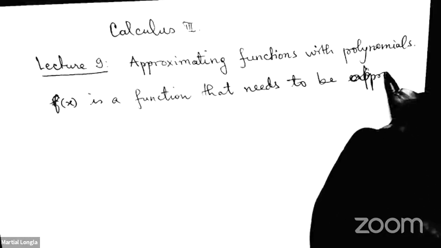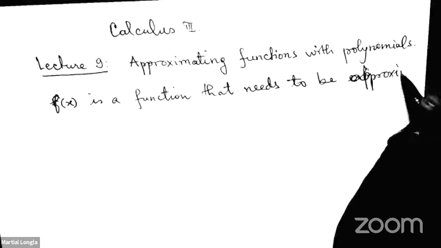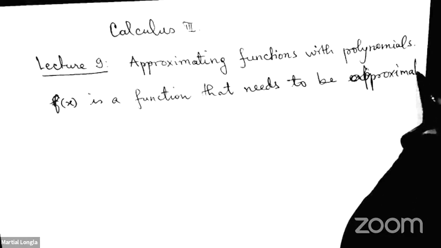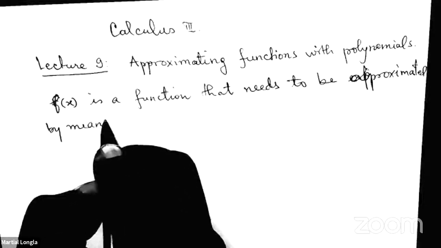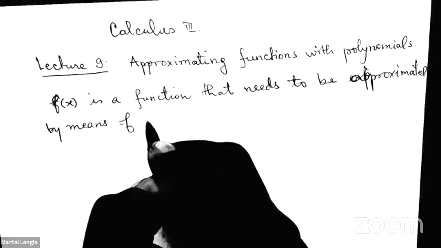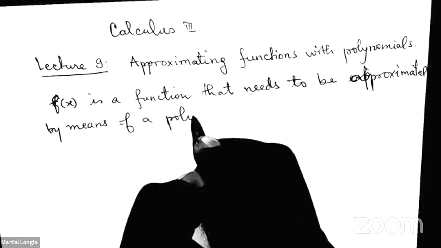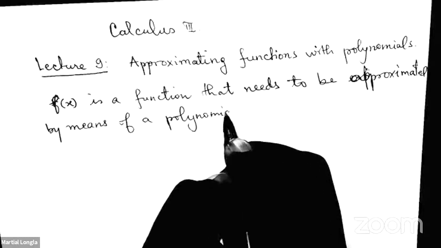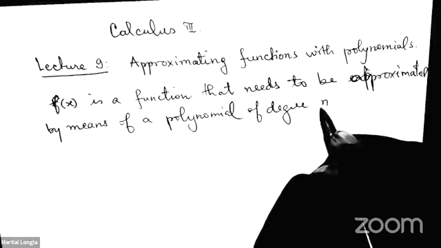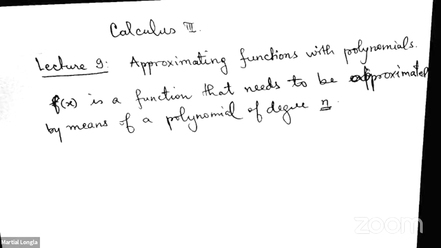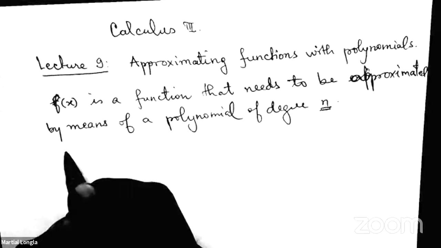I wanted to write estimated, but it's the same thing, by means of a polynomial of degree n. So you have a function f of x, and you want to approximate that function using a polynomial of degree n.